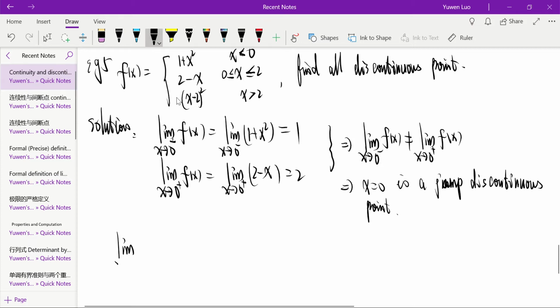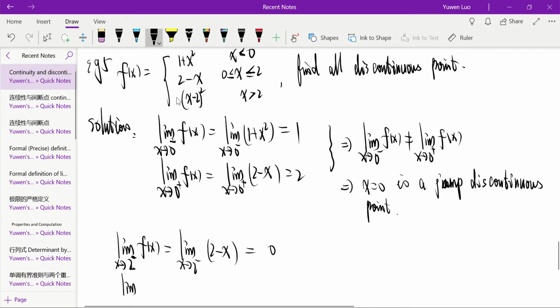Now we look at x equals 2. From the left, the limit at 2 uses the expression 2 minus x, because x is less than 2. That is 0.